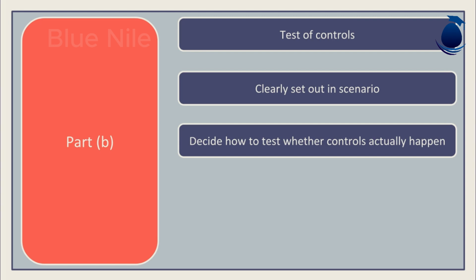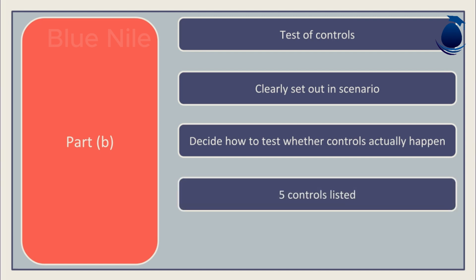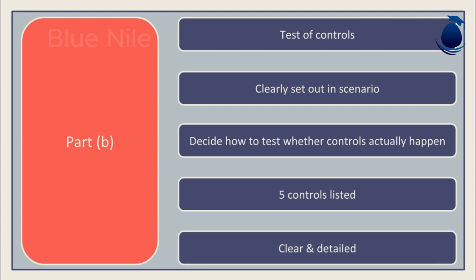For 5 marks, we need 5 control tests, and 5 controls have been identified for you. Remember, for each audit procedure, whether it be a substantive or control procedure, we must ensure the test is written as a clear instruction, detailed enough, so it explains what the auditor should do and why.